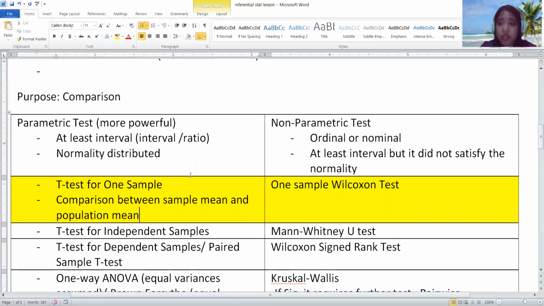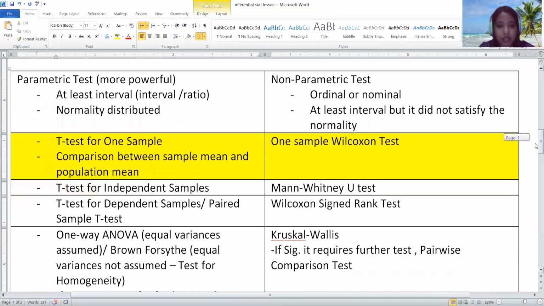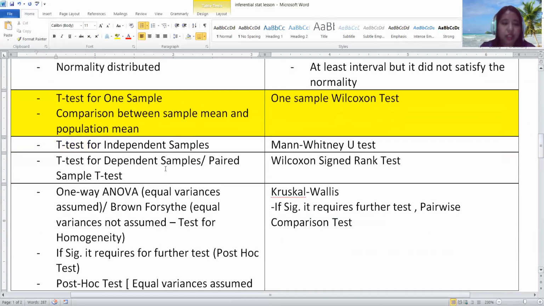So if we did not meet the condition for normality, then we're going to use one sample Wilcoxon test. So we have here the list. We have the t-test for one sample. Its counterpart is one sample Wilcoxon test.